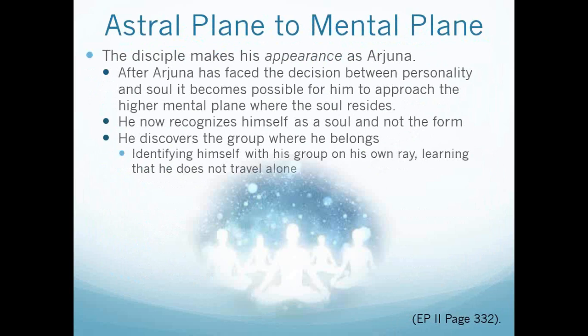He recognizes himself as a soul and no longer as the form, and he discovers the group where he belongs. But his way is blocked until he discovers he can only approach it through service. Then, identified with the group and having earned the right to approach, he learns he does not travel alone.